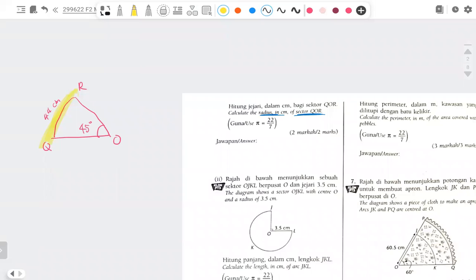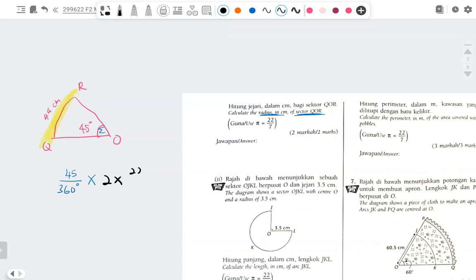The definition of arc is part of the circumference. So part, 45 over 360 degrees times 2 pi r, right?